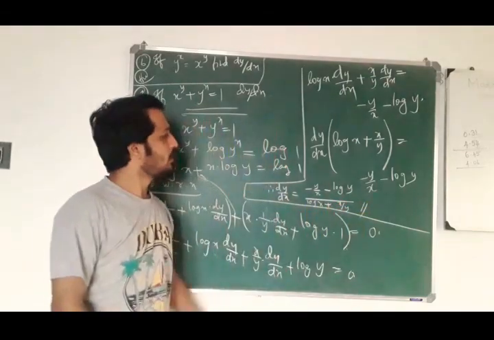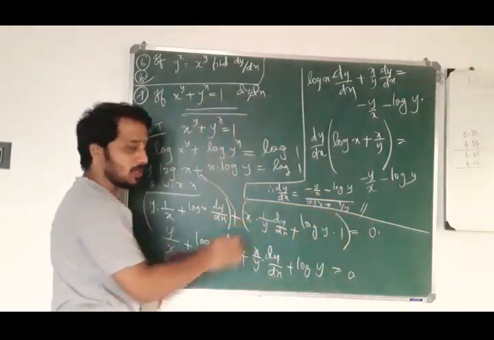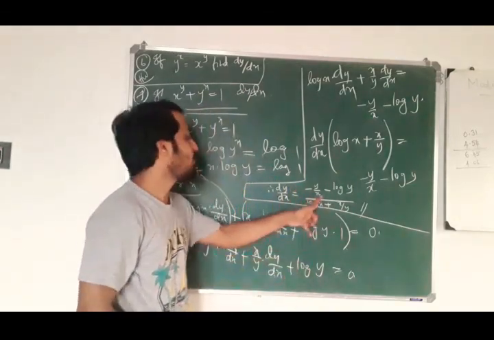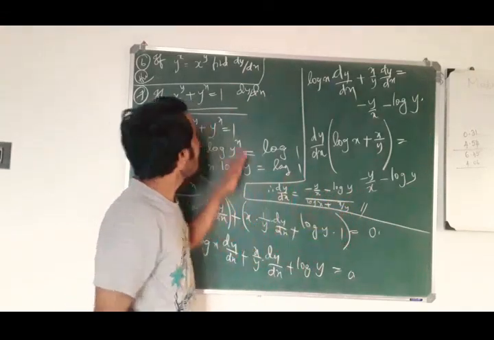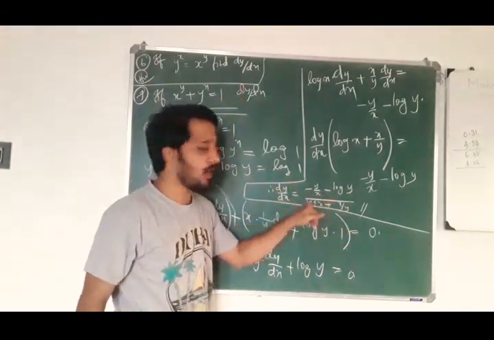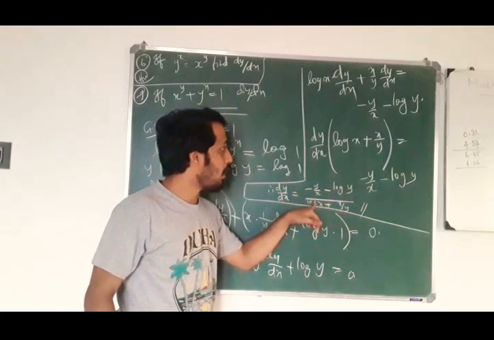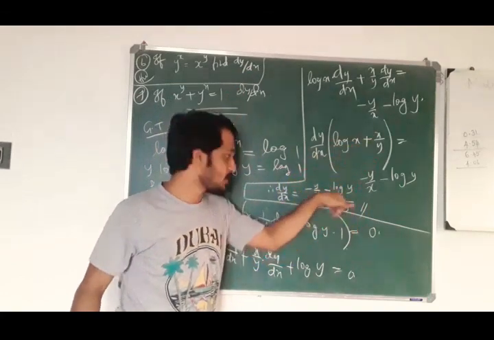No need to take LCM. They are asking to find dy by dx, so you can keep it as it is. If they want you to prove, you have to take LCM like we discussed in the fifth question. Since they are asking dy by dx, you can stop here. Is it clear to everyone? Just go through this.